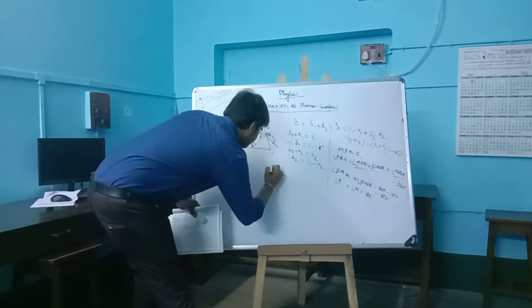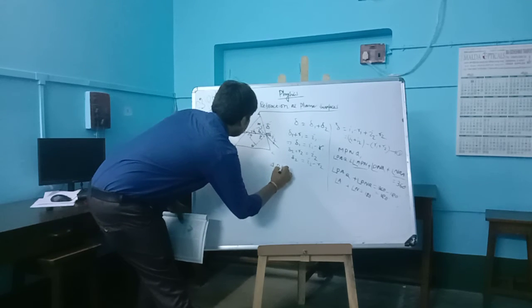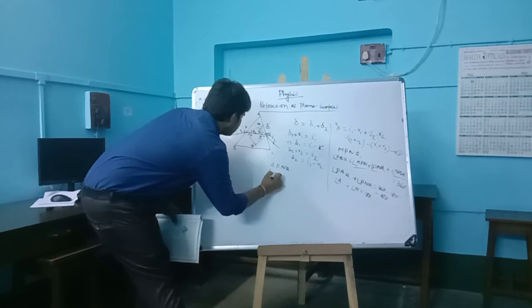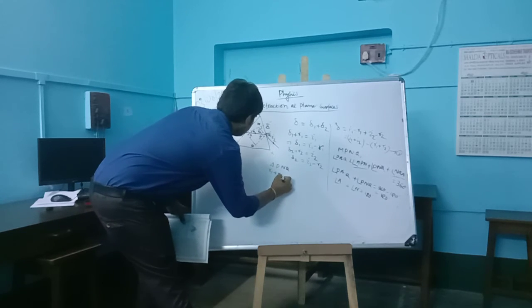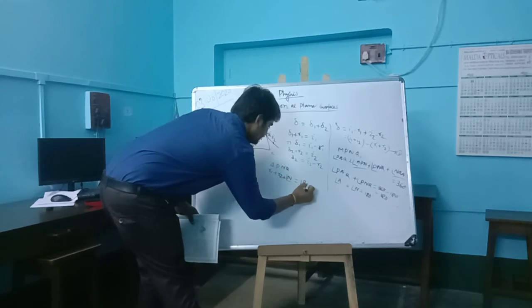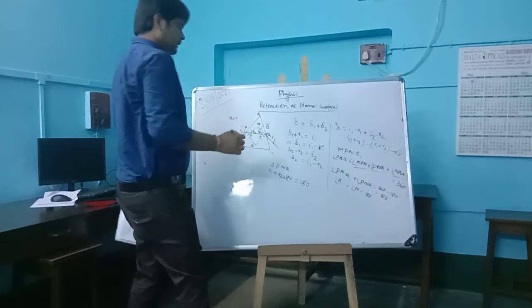From this triangle PNQ, we can say that R1 plus R2 plus angle N is equal to 180 degrees.